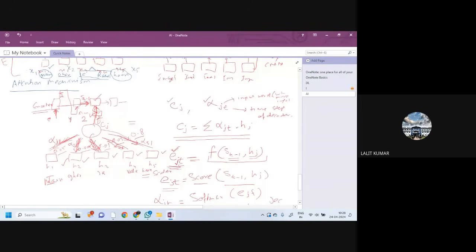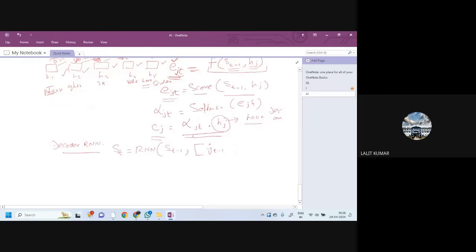And along with this, I am feeding Cj, or we can call it Ct for the time step. So this is how st is calculated, and then the output we use is softmax of v into st plus the bias of v. So this is clear.